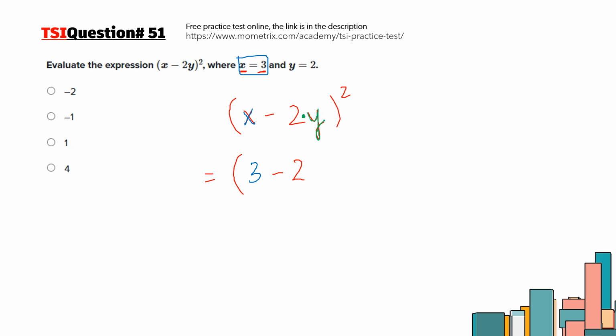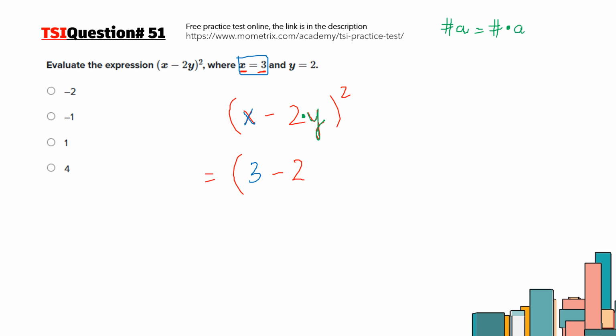In between is the multiplication, okay? When you see a number right next to a letter, let's say a, in between is the same thing as that number multiplied by a.